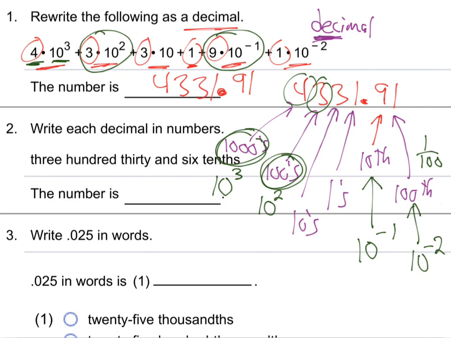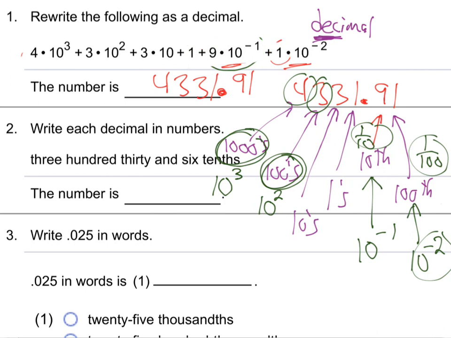I don't know if you remember from algebra, but negative powers flip things. So 10 to the minus 1 means 1/10. That's what tenth means. And 10 to the minus 2 is 10 squared, but flipped.